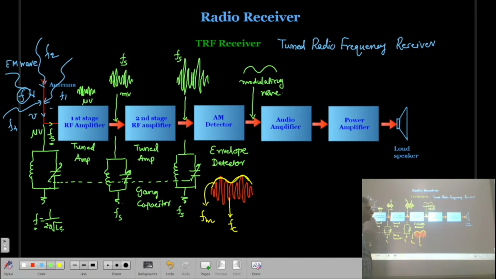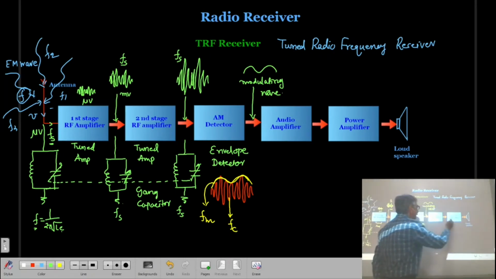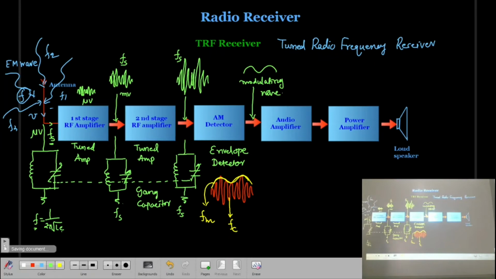Correct? Okay. Then, whatever modulating wave is generated here, its amplitude is very small and is not able to drive the loudspeaker, and that's why here we need to amplify the signal. And here you can control the volume also.